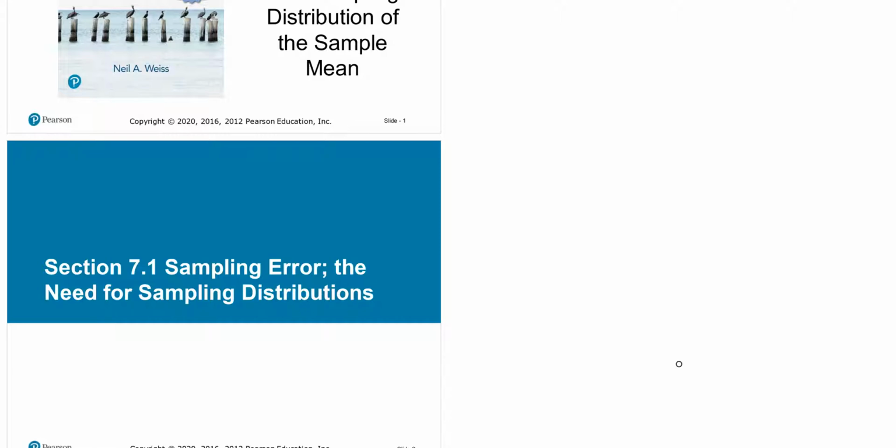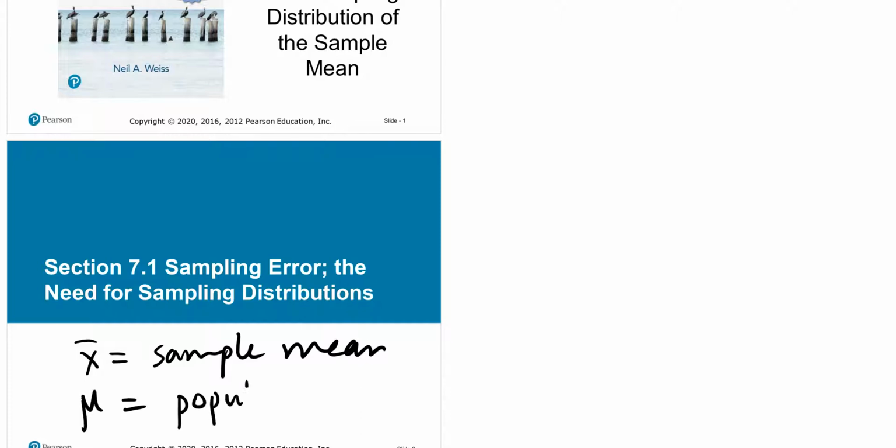Recall that x bar is the sample mean and mu is the population mean.